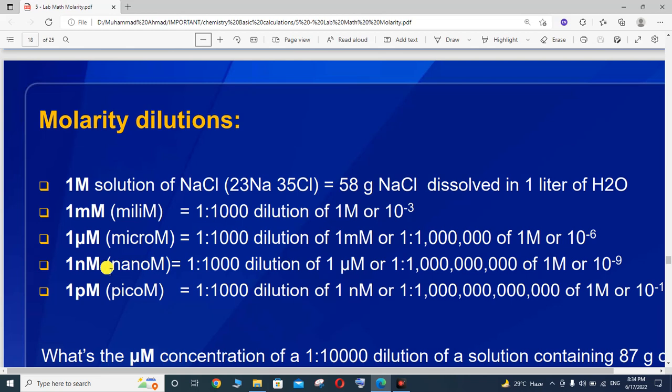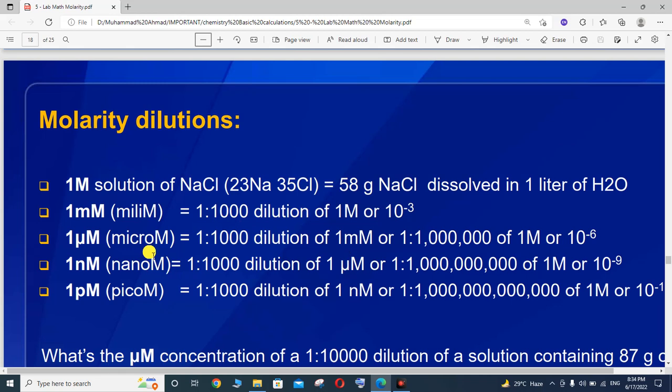Now this is 1 nanomole. Nano means very small. It means a 1 ratio 1000 dilution of 1 micromole, or 10 raised to the power minus 9. So this is more diluted than 1 micromole.